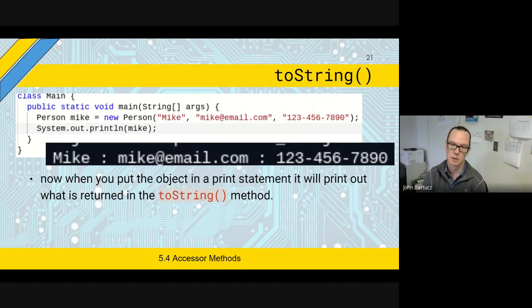That's all that it knows. But if it does have a toString method, you don't have to call it. Like, you don't have to say Mike.toString. You can just print out Mike, and in the background, Java will look for that specific method in order to convert whatever information you want into a string. So if you just wanted to print out their name, then you could just print out their name. It's up to you as a programmer to decide what information is relevant and needs to get printed out.